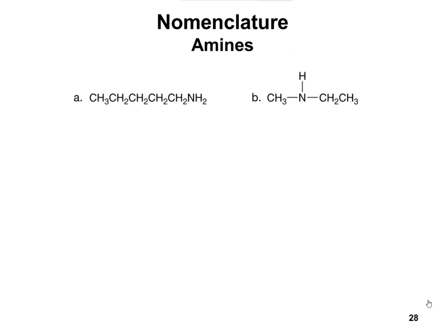All right, so let's do a couple problems here. How would we name these? Well, this first one here, it's a primary amine, in that we have only one carbon group attached to the nitrogen, and it's going to be 1, 2, 3, 4, 5 carbons long.